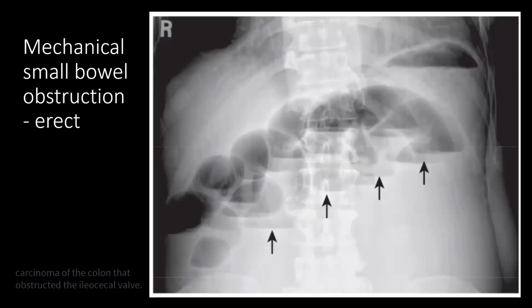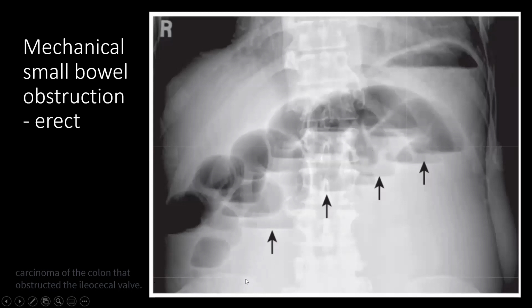We will start now by talking about the mechanical obstruction. Now, this is an important picture because you will probably see it in many OSCE files. This is the appearance of what we call the step ladder sign. If I had a mechanical obstruction, this patient had a carcinoma of the colon and obstructed the ileocecal valve. So the ileum and the jejunum are dilated.